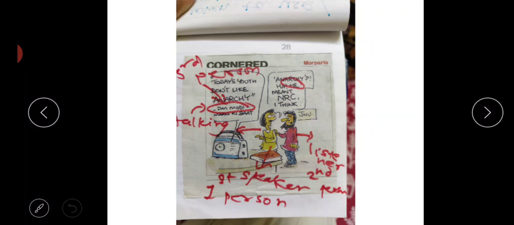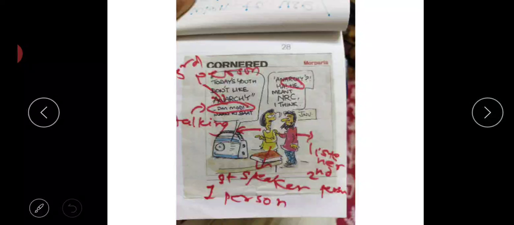Like PM Modi on his Mann Ki Baat, he is saying that today's youth does not like anarchy, right? Anarchy is a lot of problems and everything, disorder. So the man in yellow shirt is speaking to the man in red shirt, saying that youth does not like NRC, right?